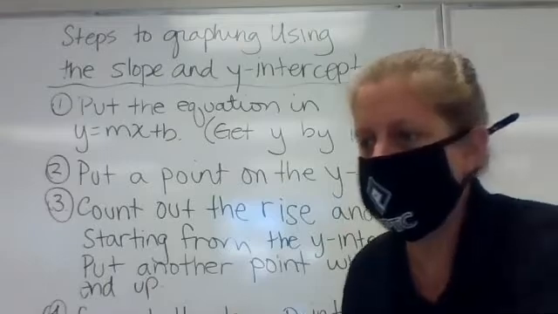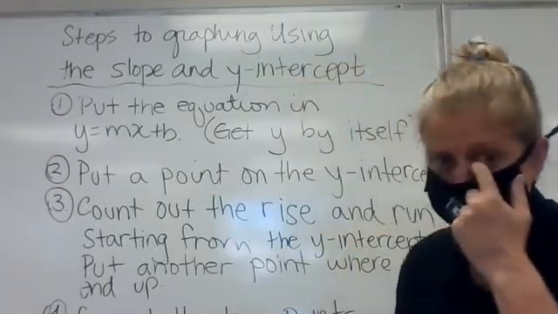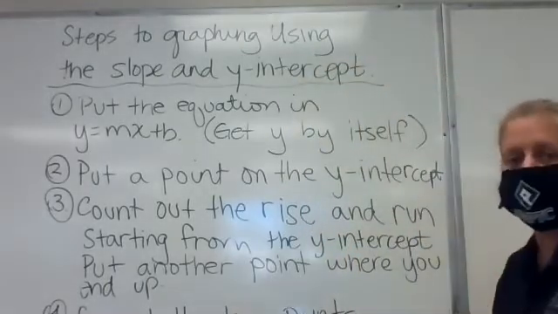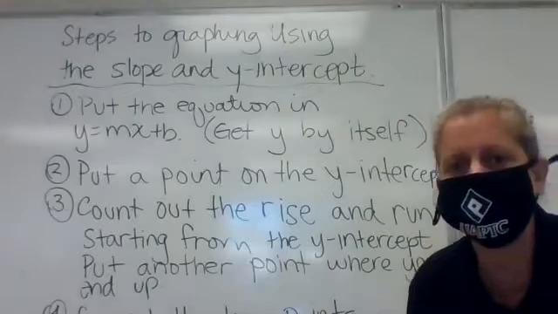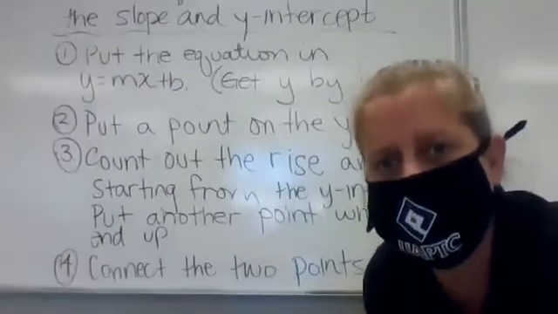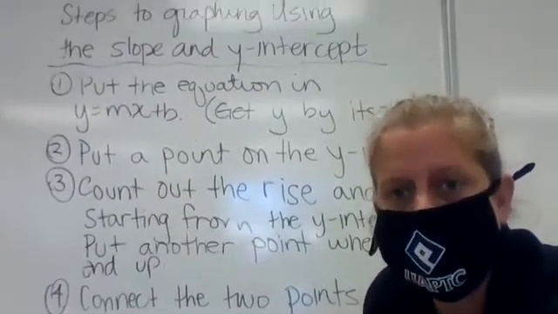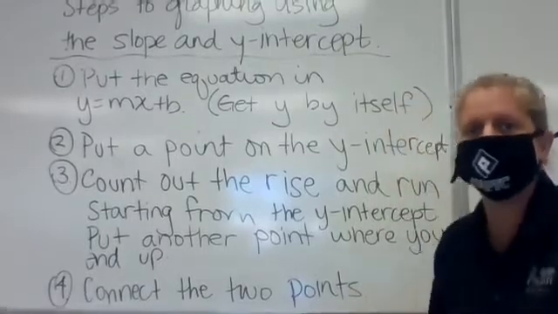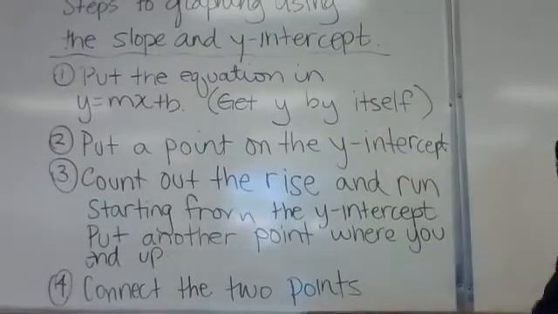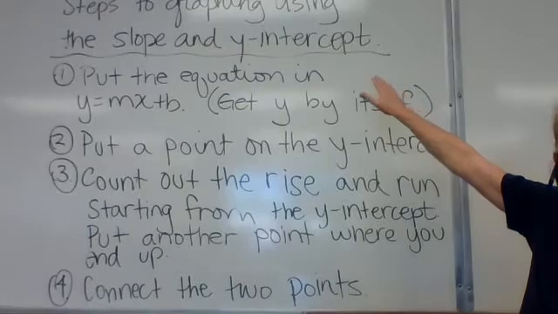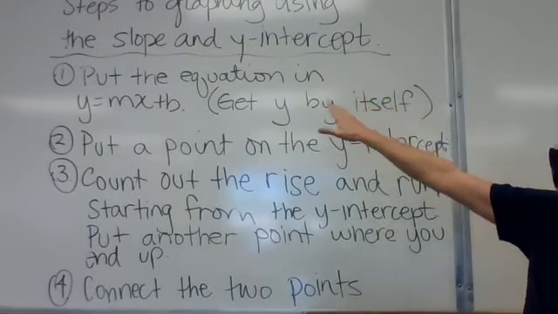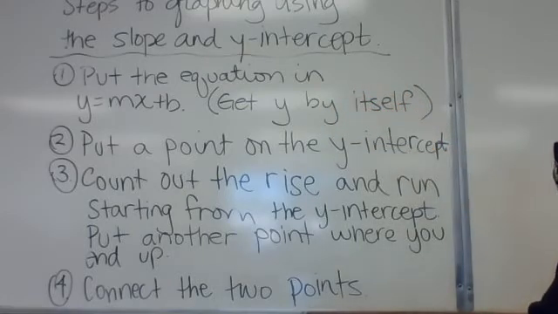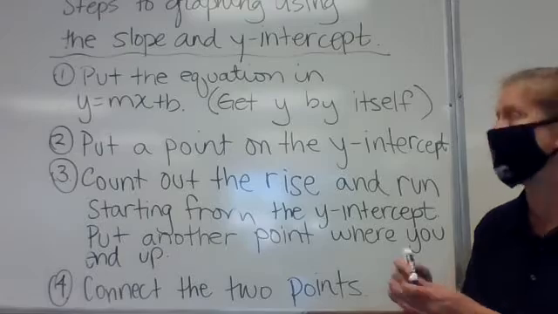So what we're going to cover today is 3.4, talking about graphing using the slope and y-intercept. And here are the steps that you're going to take for every single one of these problems. Steps of graphing lines using the slope and y-intercept. The very first step sometimes will be done for you. It says to put the equation in y equals mx plus b.